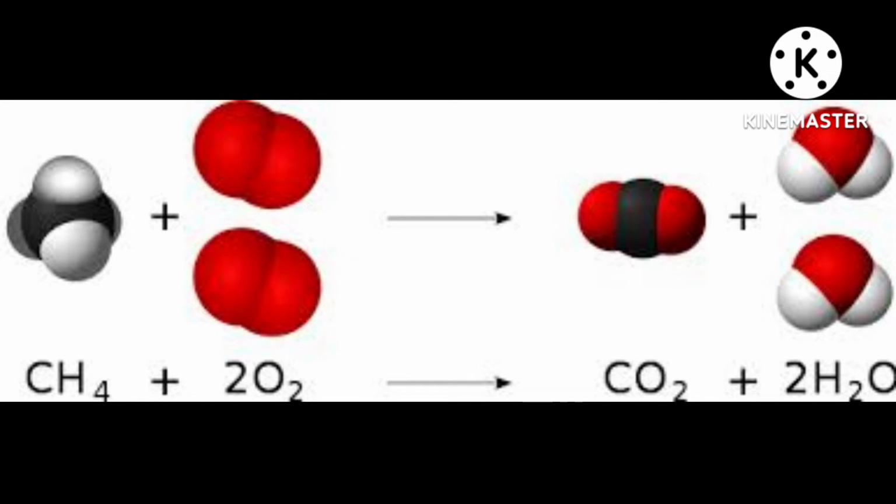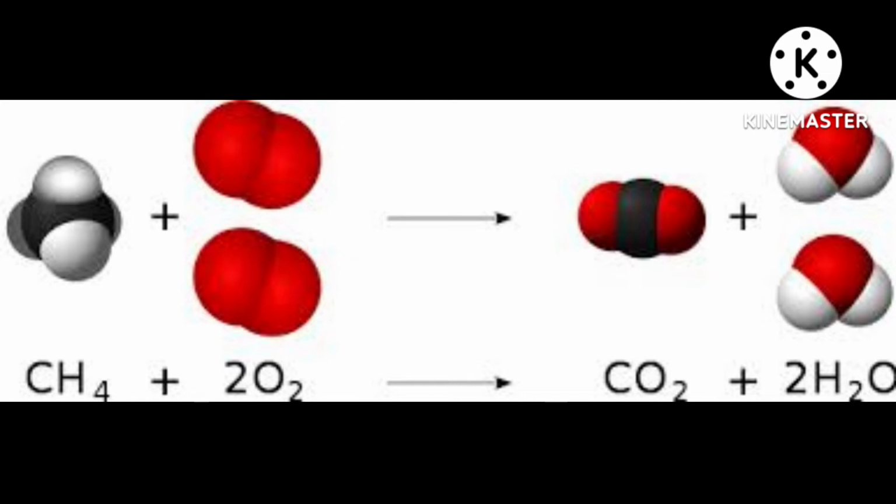According to the above chemical equation, methane plus oxygen gives carbon dioxide and water vapor. Here there is one molecule of CH4 and two molecules of oxygen, and after the reaction it gives one molecule of CO2 and two molecules of water.